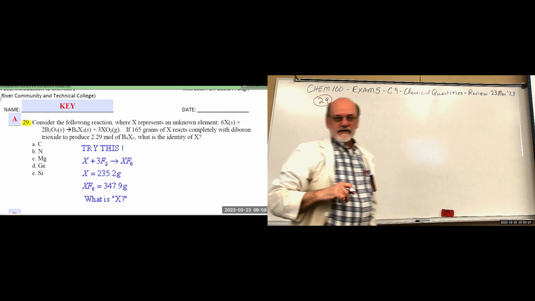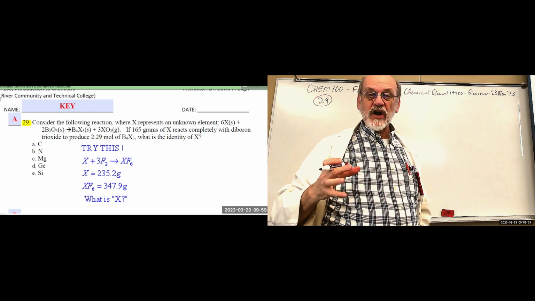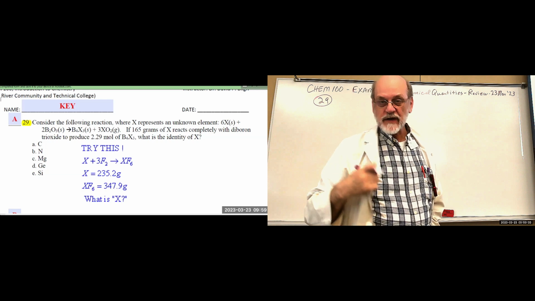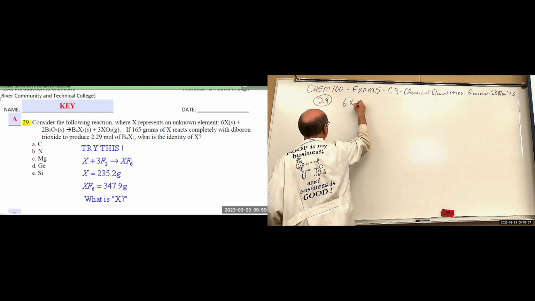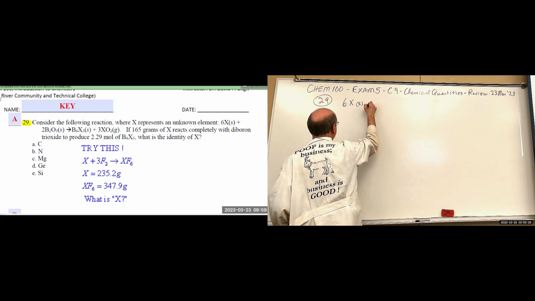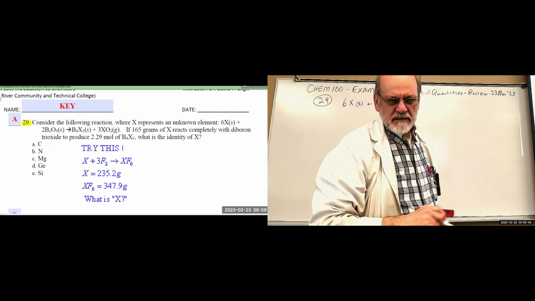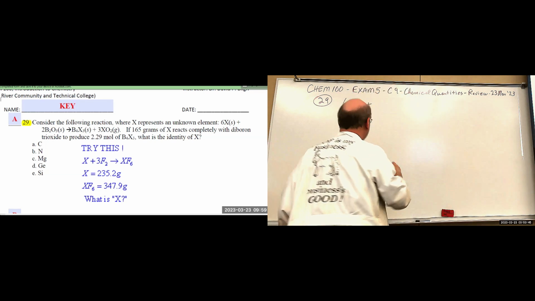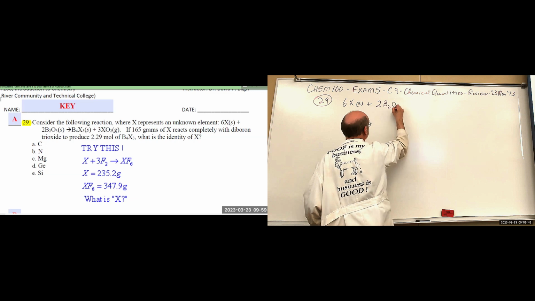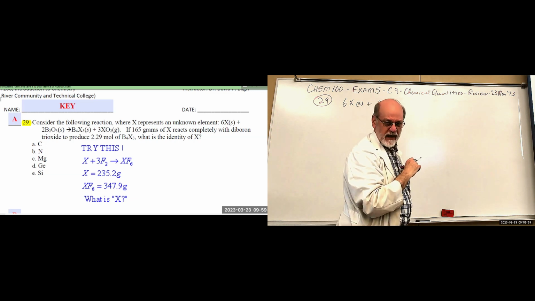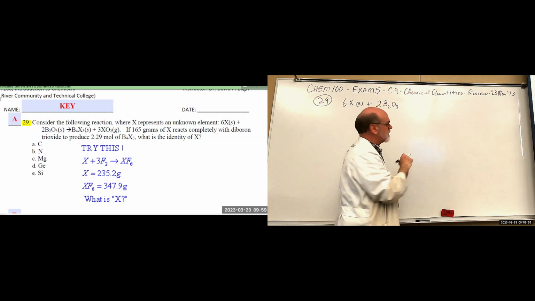All right. So we're given this balanced equation, and X is an unknown element. So we have 6X, which is a solid, and we're going to add to that diboron trioxide, 2B2O3, which is also a solid. Excuse me. Yes, that's a solid.